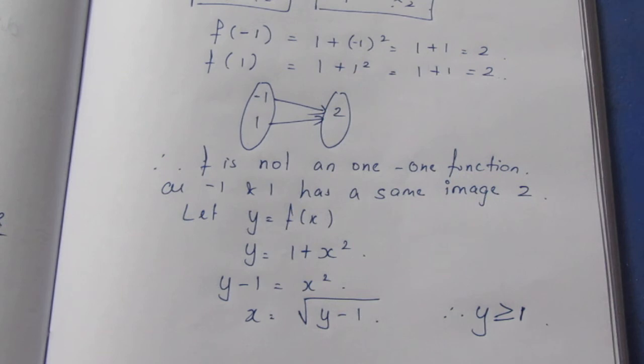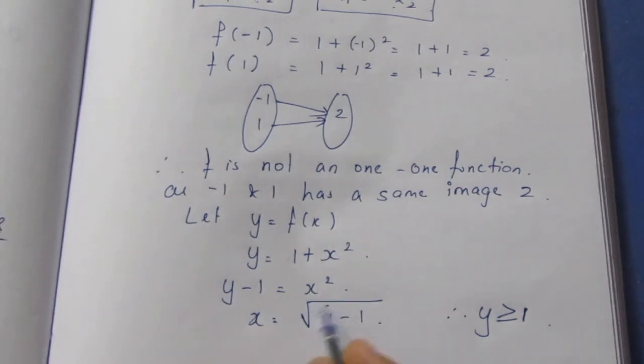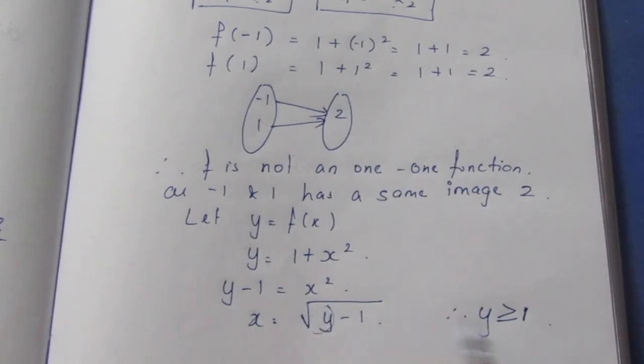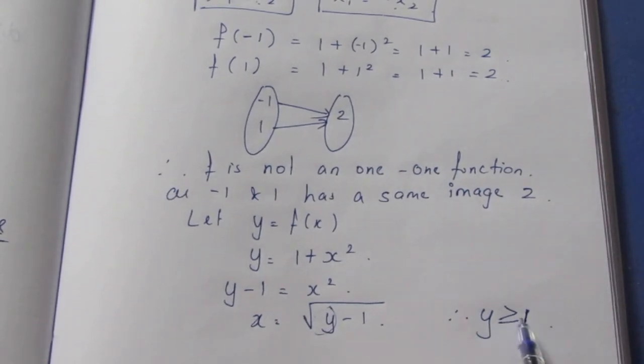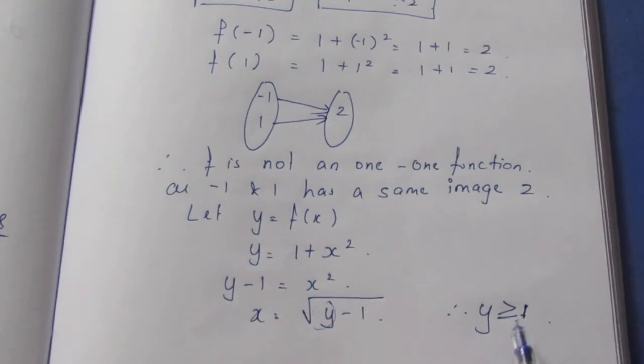If we substitute 0 in place of y, we get root of minus 1. If we substitute minus 1, it will be root of minus 2, which is not a real number. The function here is a real number to a real number. So y cannot be less than 1. It should be greater than or equal to 1 is our condition.